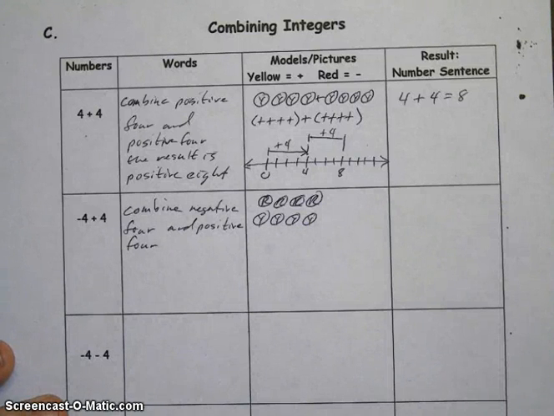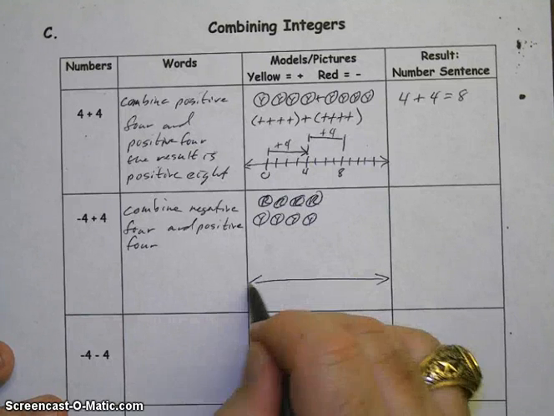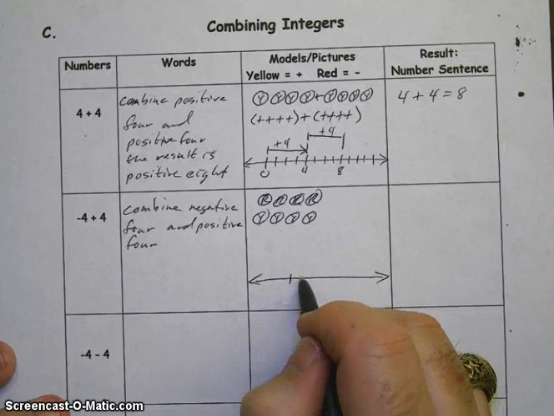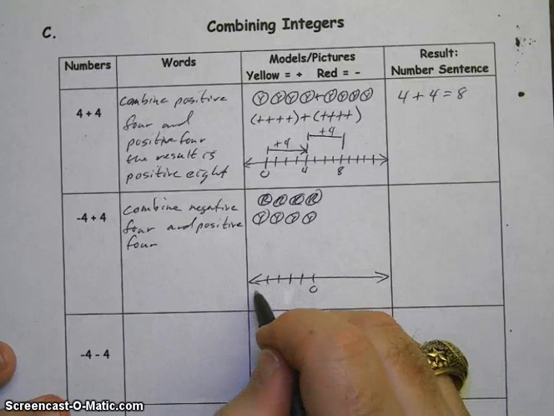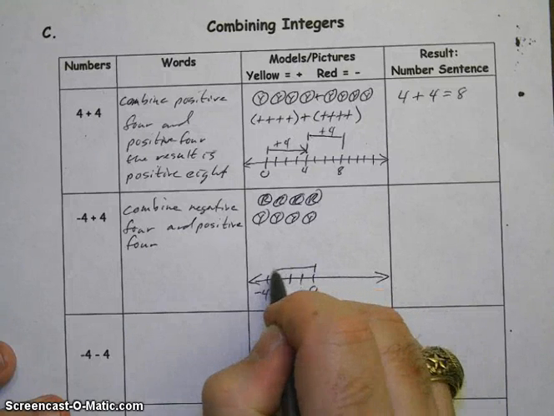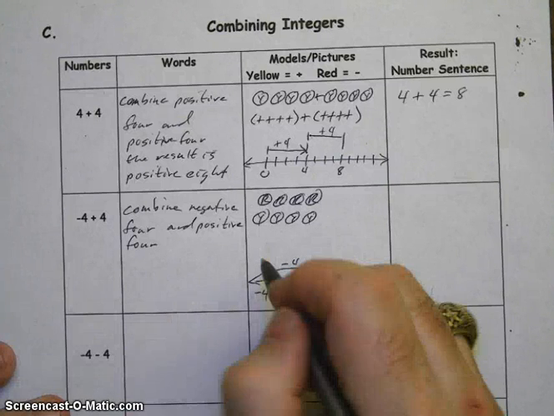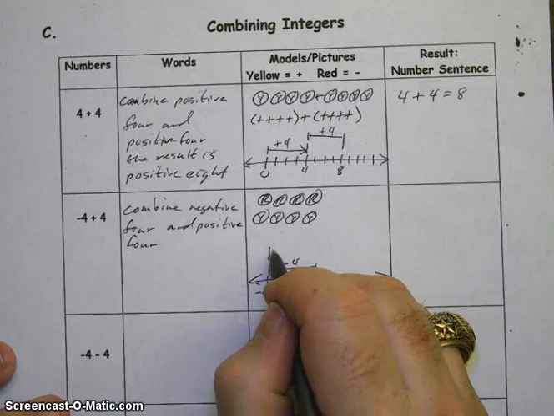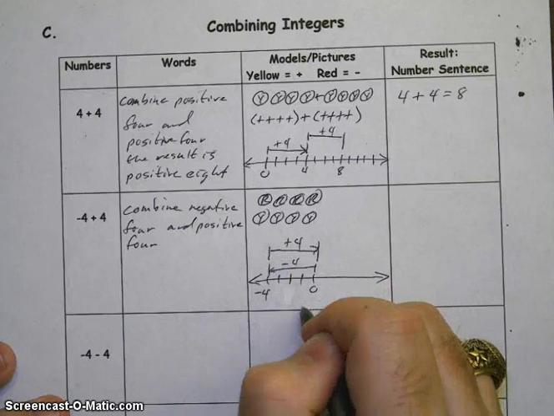Okay, if we look at the number line, it's actually a little easier to see on the number line. So we'll jump over there. If we start at 0, we're actually starting at negative 4. 0 to negative 4 would be negative 4, and then the positive 4 means we're starting there where the negative 4 was, and then going in the positive direction 4 units brings us back to 0.